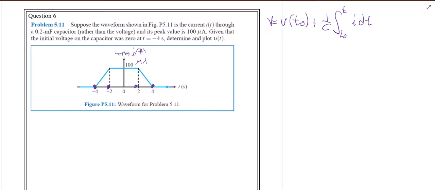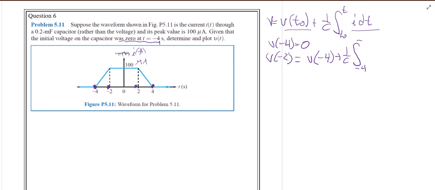So we know that the voltage at t equals -4 seconds is 0 because that's given. So we can go ahead and say V of -4 equals 0. Well, now let's look at V of -2. So V at -2 equals, and we'll use this equation that we have up here, V at -4 plus 1 over the capacitance times the integral from -4 to -2 of I dt.